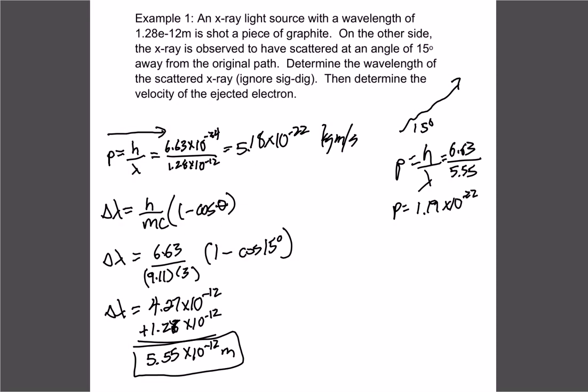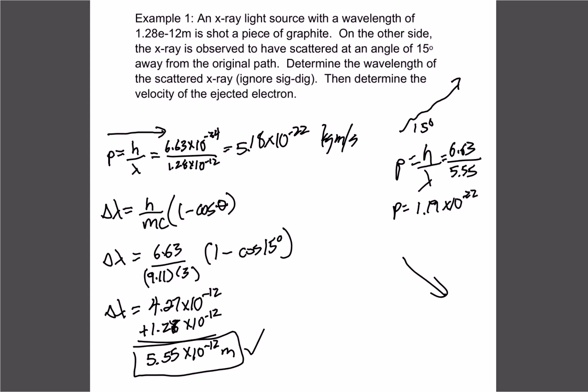Okay, so then we also know that the electron is going to go off at some sort of angle. That's what the question is asking: what is the velocity of that electron? The first part, what is the wavelength of the scattered X-ray, we've got that here. Now the last part is we need to figure out the velocity of that electron. So let's redraw this.